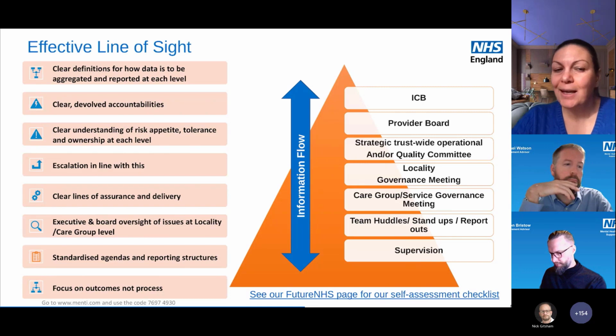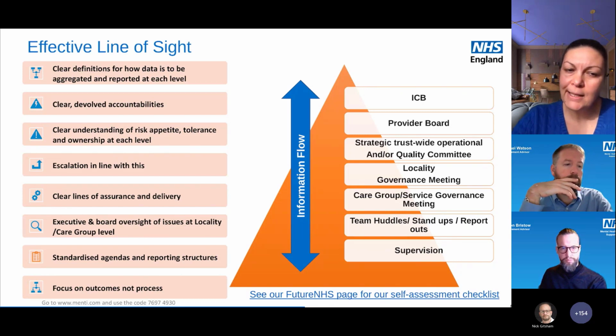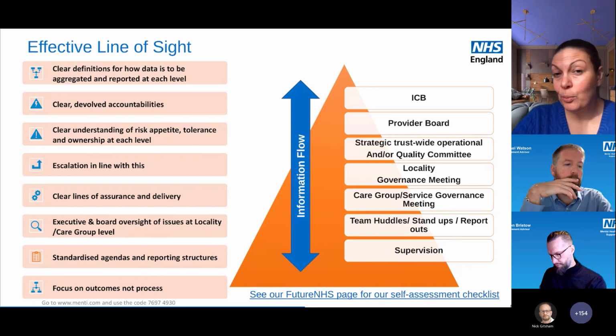With this, a standard work agenda or reporting structure is really important and is defined beforehand. And lastly, focus on outcome, not process, because the process is done by us, so we have the opportunity to influence how the process is done.